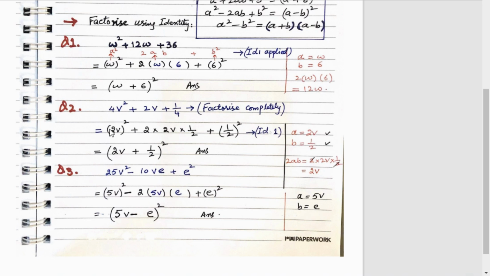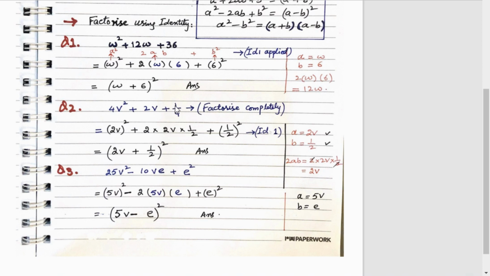It means 2 square is the other form of 4. Now 4 can be written as 2 square. This is the square of all the terms inside. V inside and square out. 2v square means 4v square actually, right? Why? When we multiply 2v with 2v, we get back 4v square.